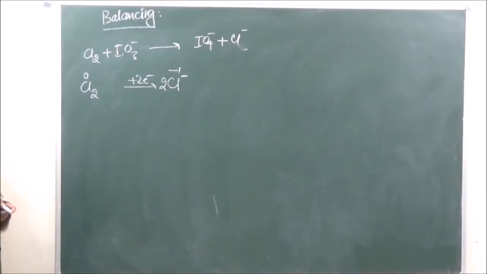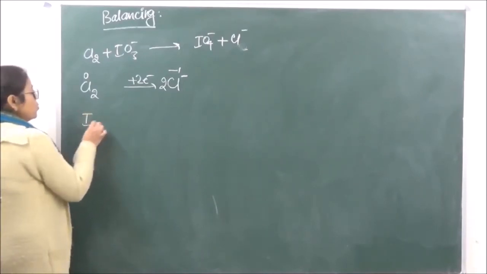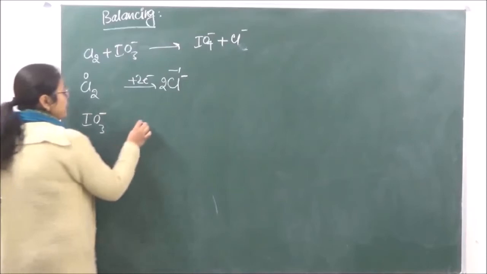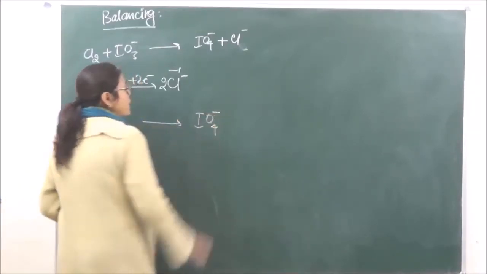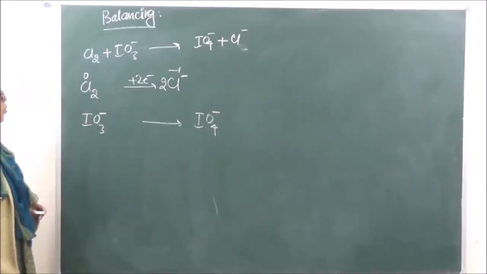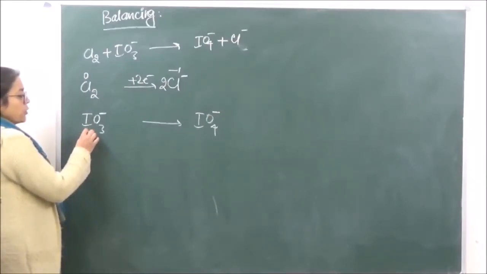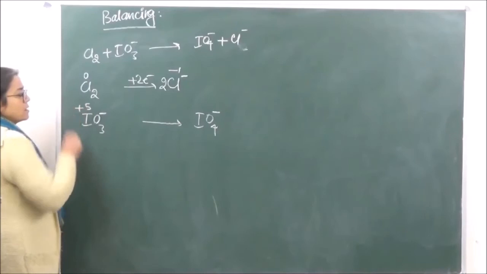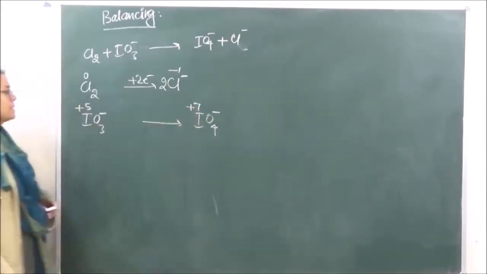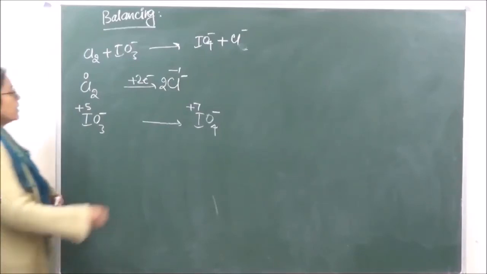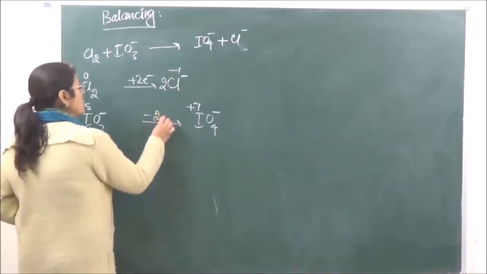Okay, so this is our balanced equation. Let's go on to IO3 negative to give us IO4 negative. So over here the oxidation state is going to be plus 5 and over here the oxidation state is going to be plus 7. Number of electron exchange is minus 2.